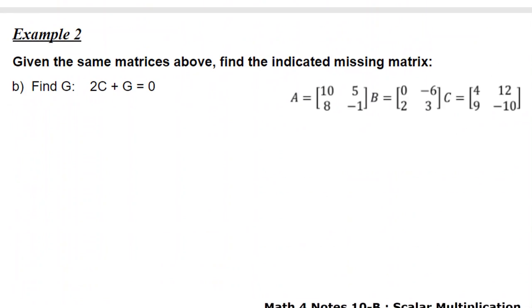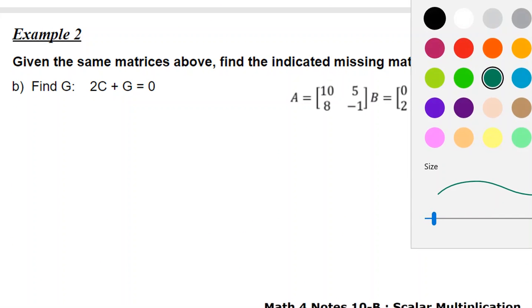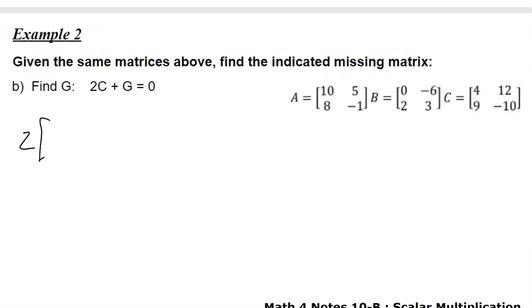And last, 2c plus g equals 0. Well, let's figure out what 2c is. It's 4 and 12 and 9 and negative 10.